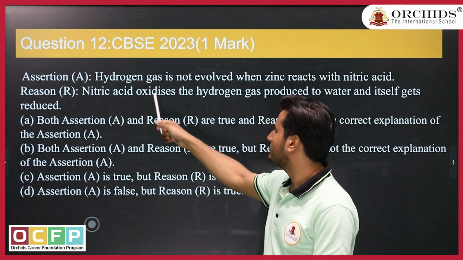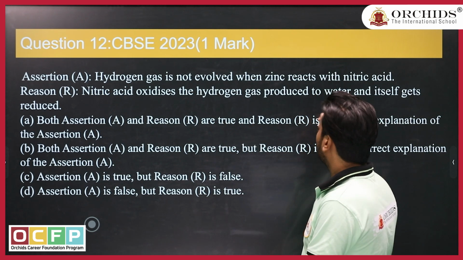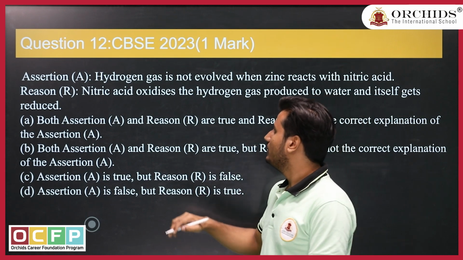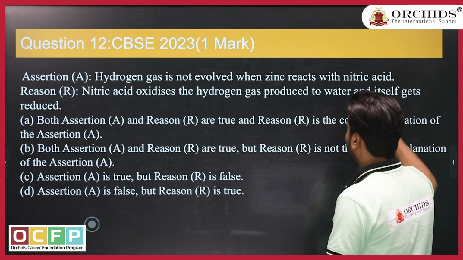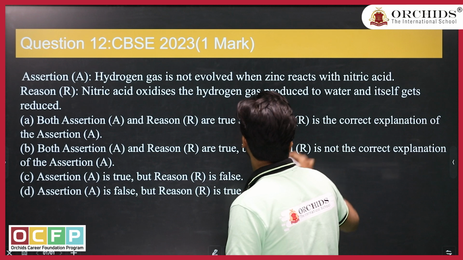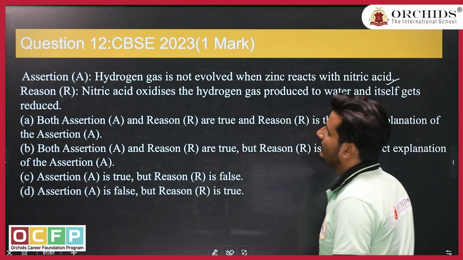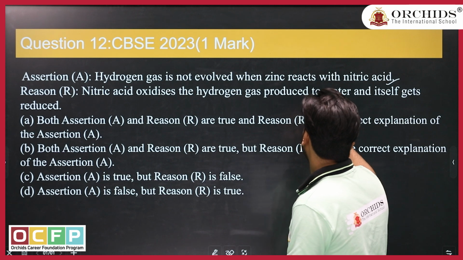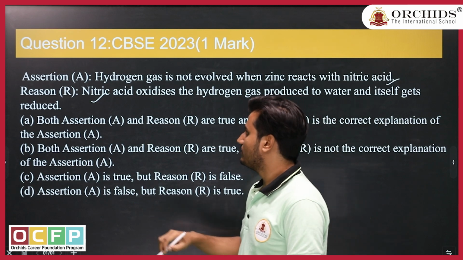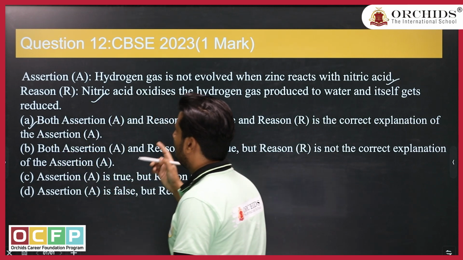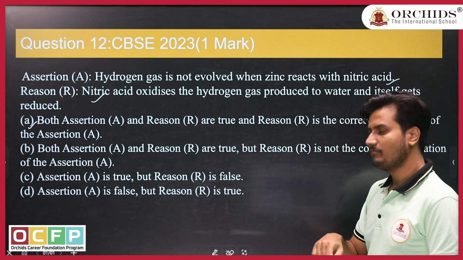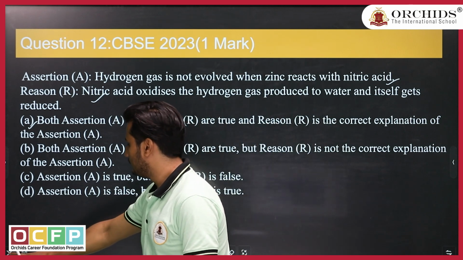So nitric acid oxidizes the hydrogen to water, and hydrogen gas is not liberated during this reaction. So our assertion is correct, and the reason, that nitric acid oxidizes hydrogen gas to produce water and itself gets reduced, is also correct. So which option is correct? Both are correct, and the reason is the correct explanation for the assertion. Let's move on to our next question.